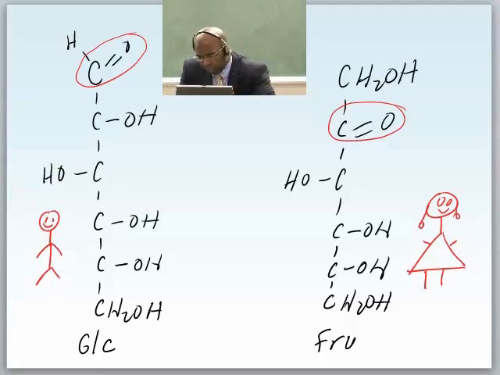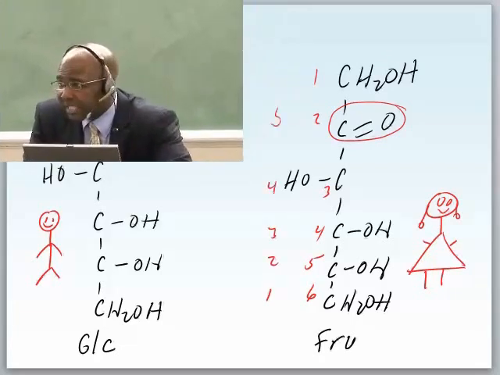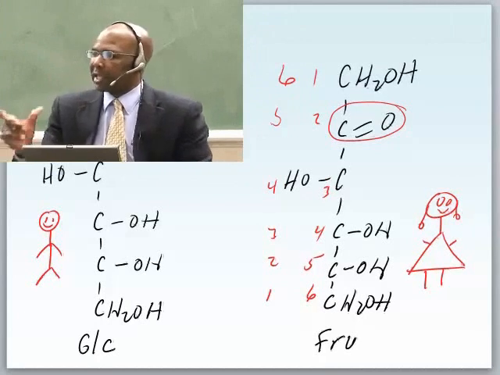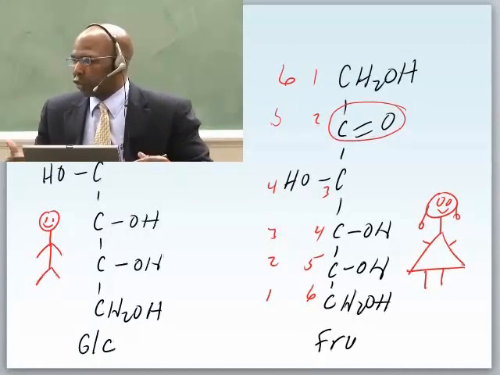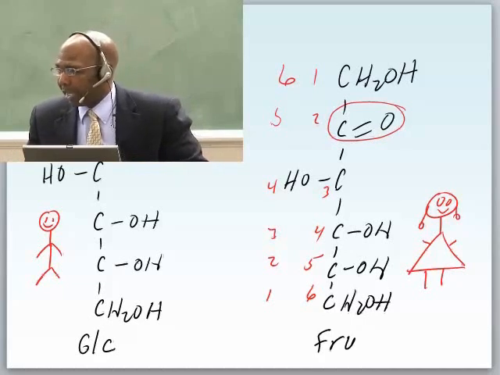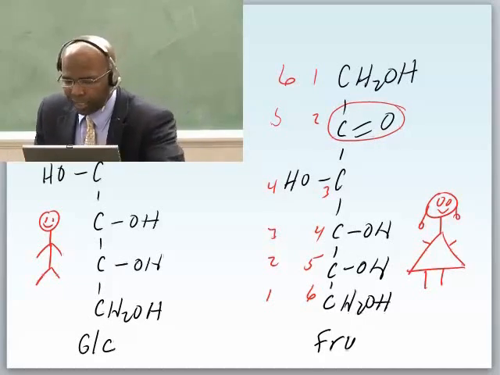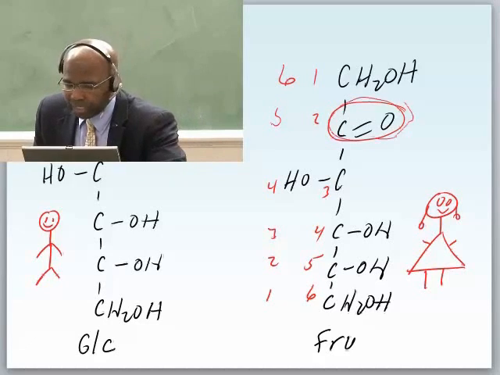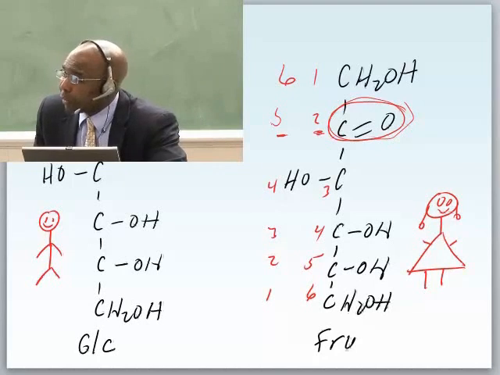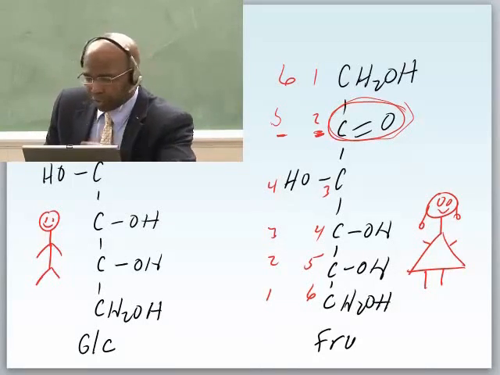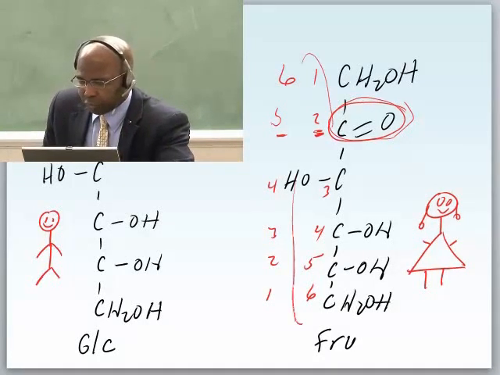So we could either number this 1, 2, 3, 4, 5, 6, or we could number it the other way. What we want to do is number it in a way that gives the lowest number to the functional group of highest priority. And the functional group of highest priority is the carbonyl. So it can either be 2 or it can be 5, but we want it to be 2 because that's the lowest. So this is the numbering system for fructose.